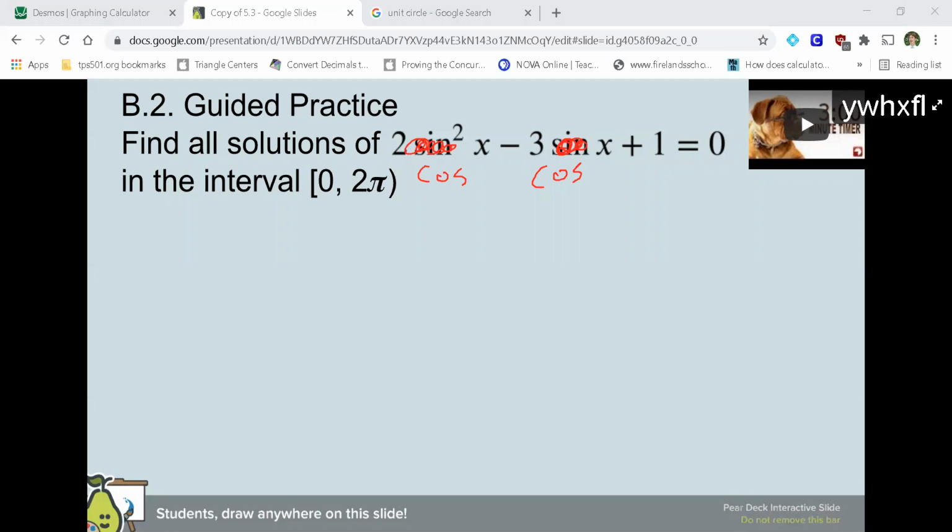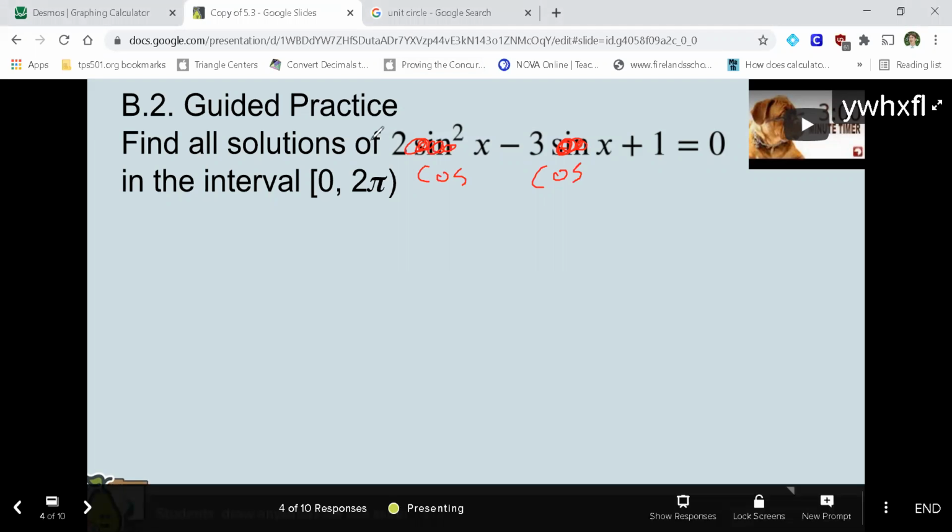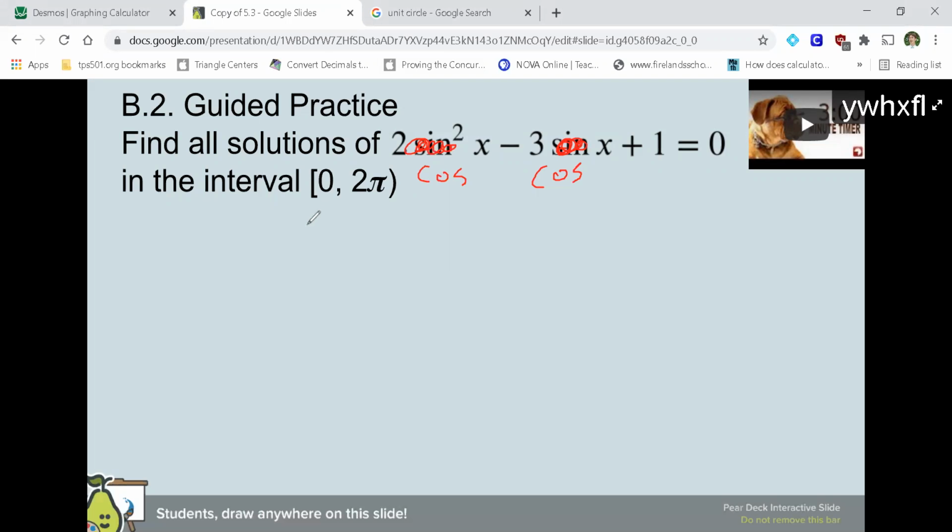Looks like from our answers, we're kind of on the right track. So again, we want to factor this, and I'm going to go ahead and show you that u substitution method. So at the very beginning of this problem, let's let u be cosine of x. Then this problem would become 2u squared minus 3u plus 1 equals 0.